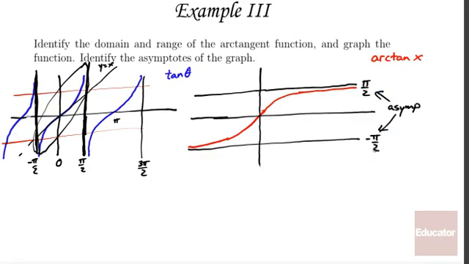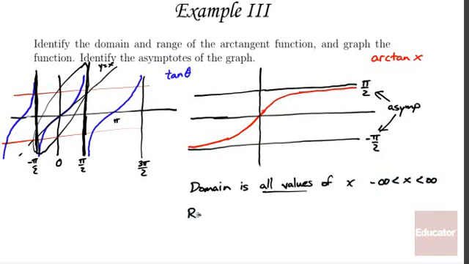We're also asked to identify the domain and range. So the domain means what numbers can we plug into arctangent of x. Domain is all values of x, because we can plug any number in on the x-axis here and we'll get an arctangent value. So negative infinity less than x less than infinity.